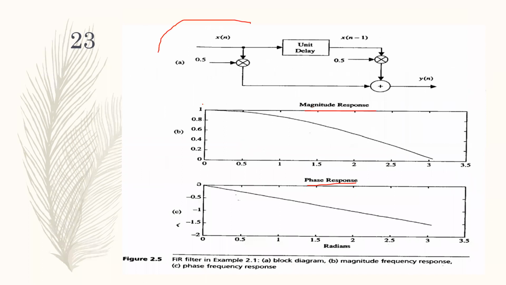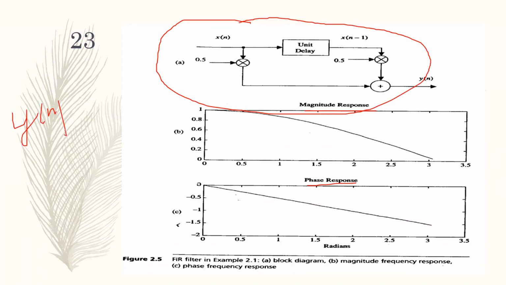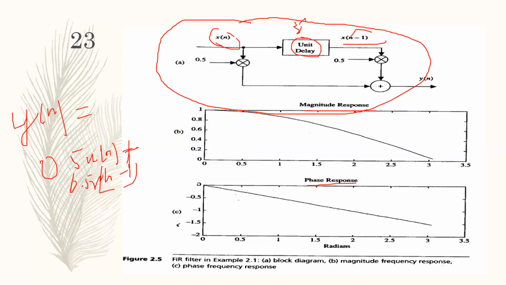Now this block is obtained based on the equation. The equation was y of n equals 0.5 into x of n plus 0.5 into x of n minus 1. Here I have x of n, and I can get x of n minus 1 by passing it through a unit delay, the z inverse block.